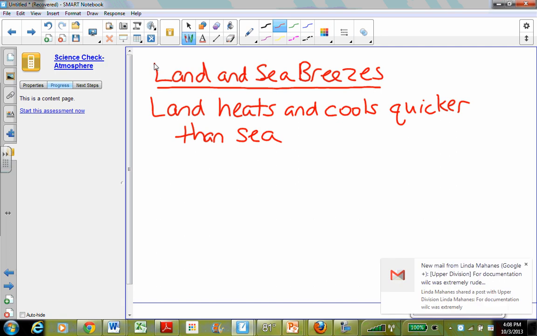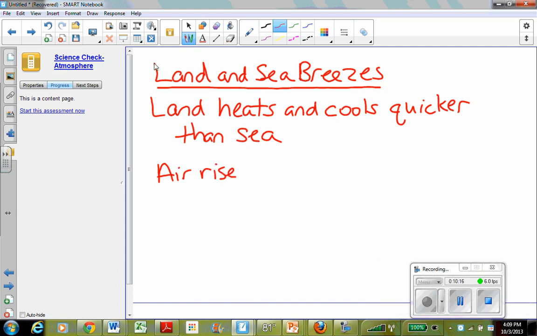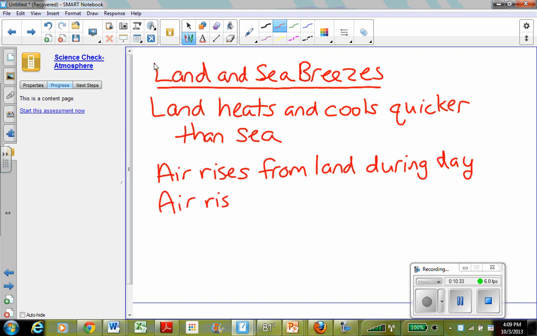So that means that air rises from land during the day, and air rises from the sea at night.